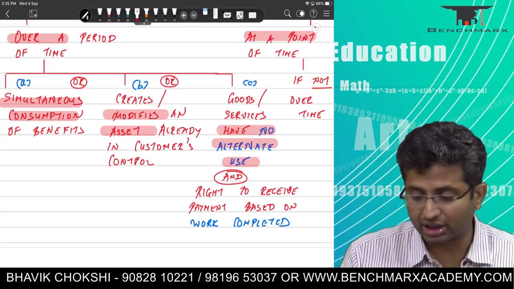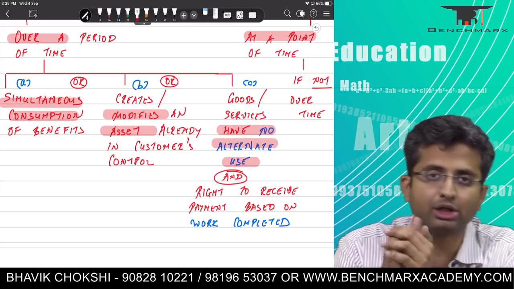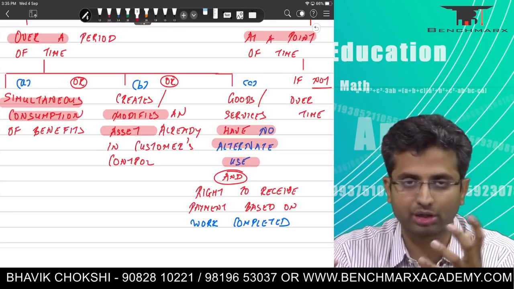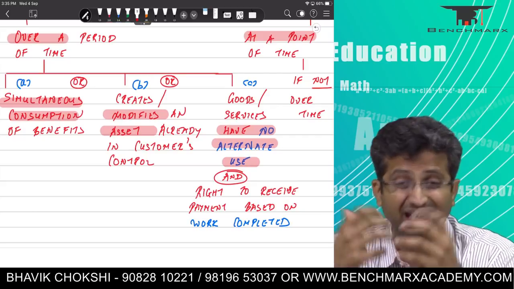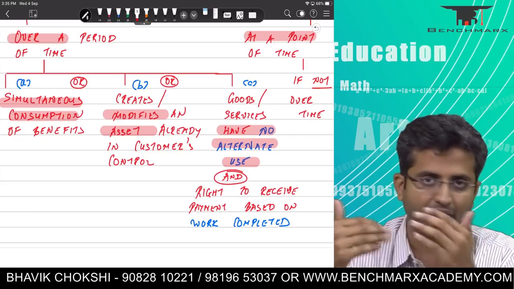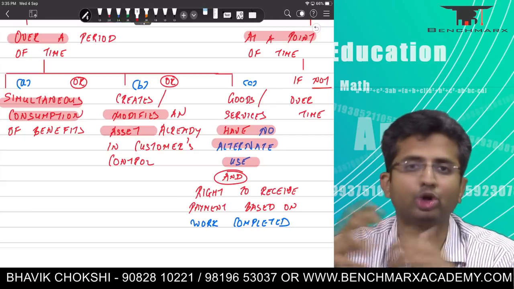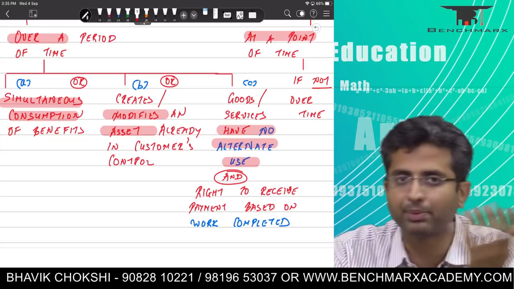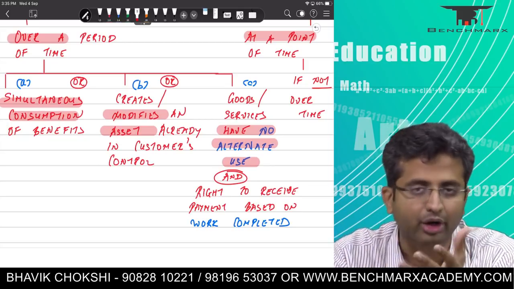And lastly, the most important one, even if there's nothing else, let us say you have agreed to a situation where the goods have no alternative use. Now, this no alternative use may be either due to a legal compulsion, like an exclusivity clause, which is there in various agreements, or due to practical constraints, like you're building a satellite. There are not enough people who will buy satellites or a rocket launcher.